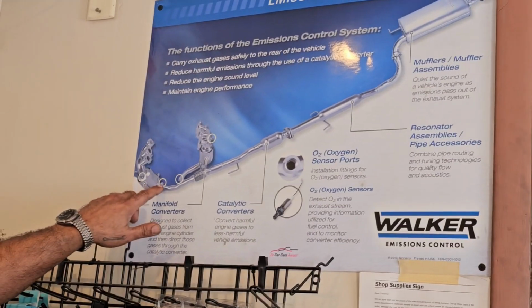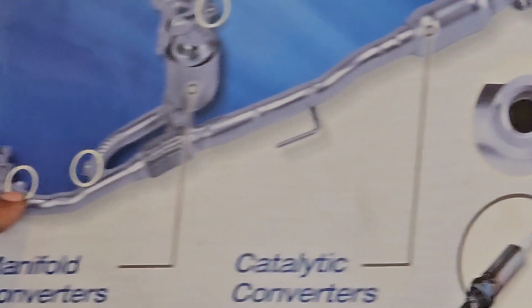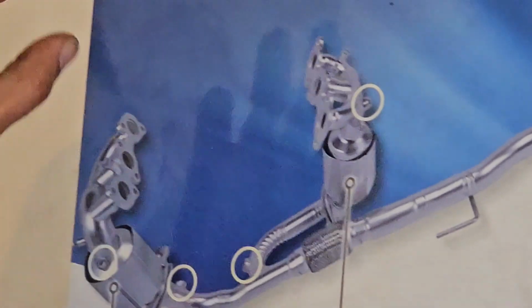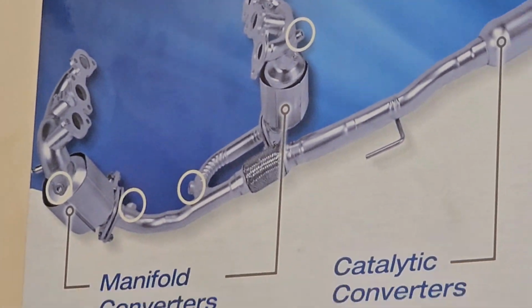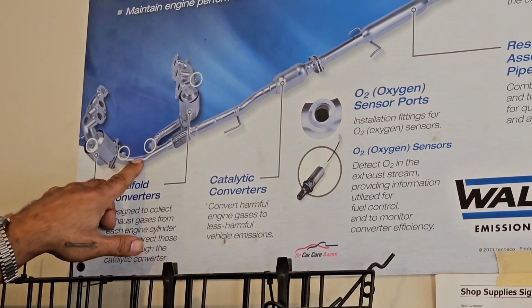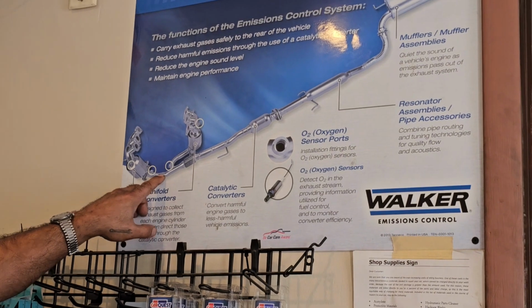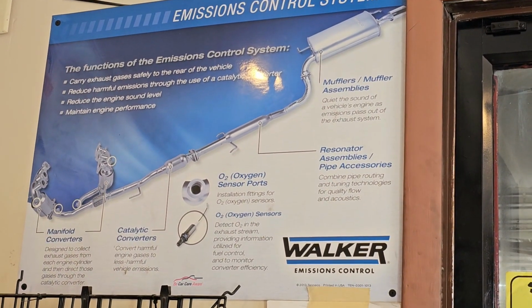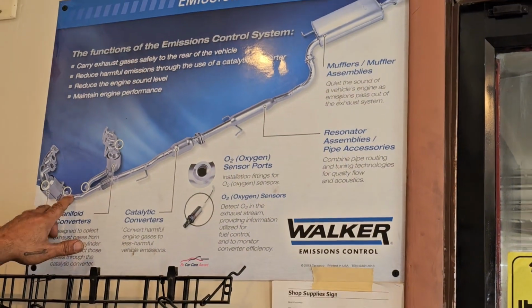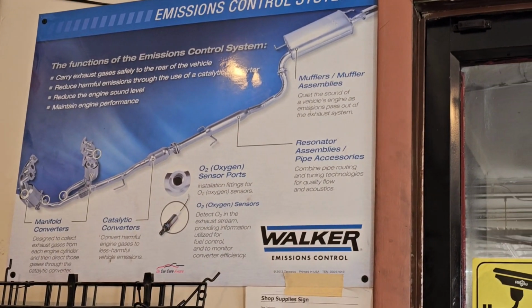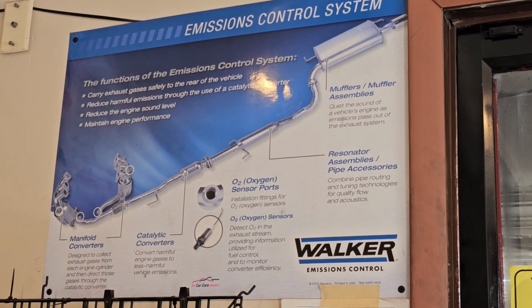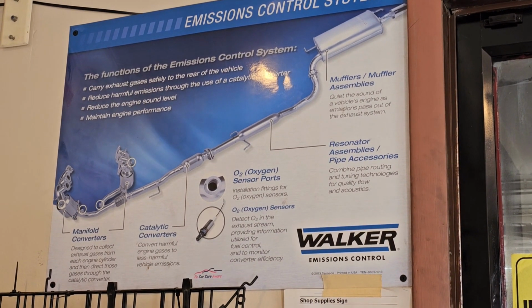If you have excessive oxygen left over after the fuel and air mixture burns in the engine, the reason is that you didn't have enough fuel, which would be a lean condition. And if you have higher oxygen content left over in the exhaust system, the voltage of the oxygen sensor will be below 0.5, which is halfway.